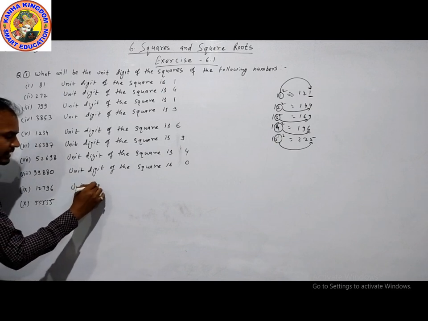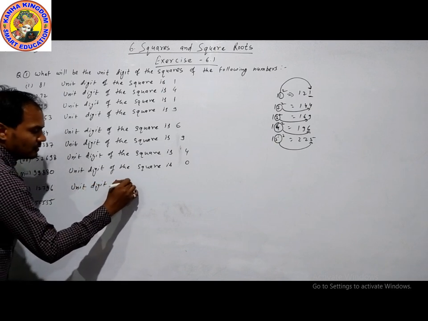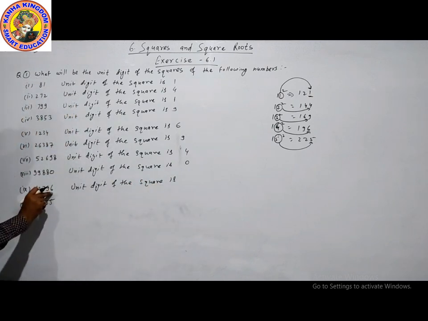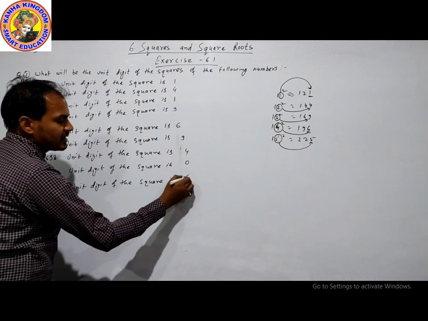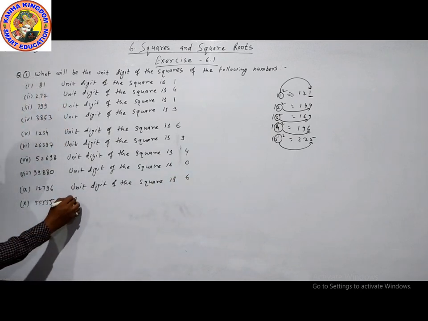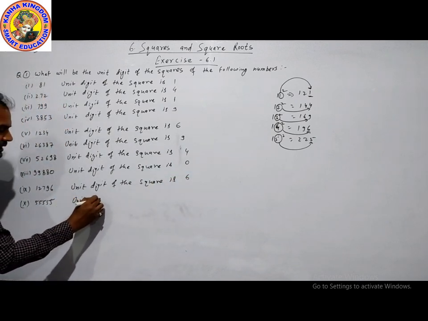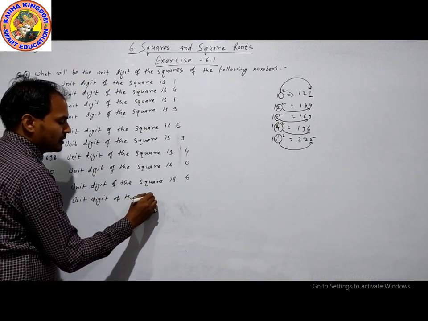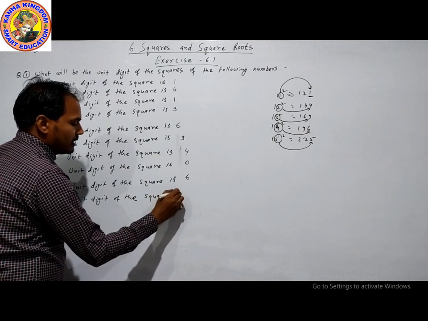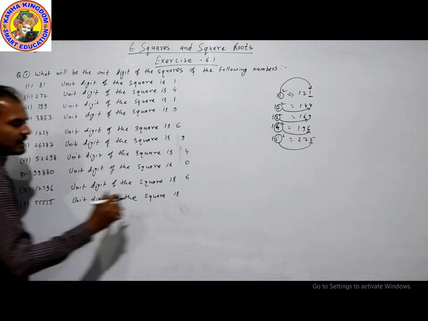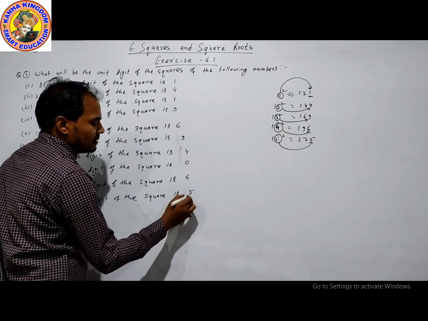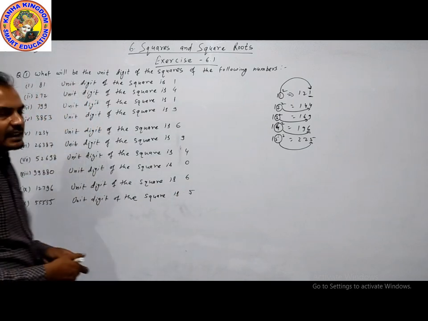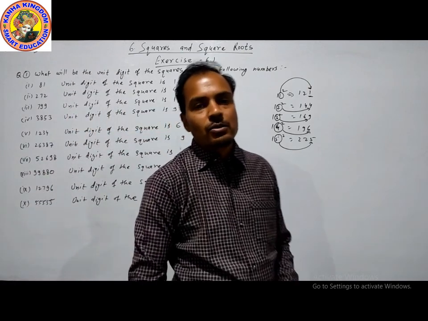Unit digit of the square is, here it is 6, 6 square is 36, so 6. Unit digit of the square is, here it is 5, 5 square is 25, so 5 is taken. The unit digit is 5. You can take a screenshot of this. We will move to our next question.